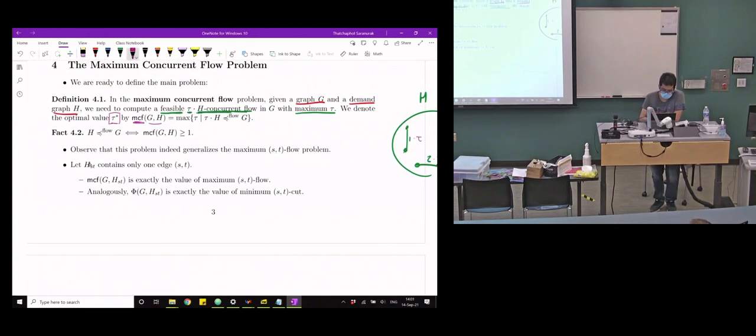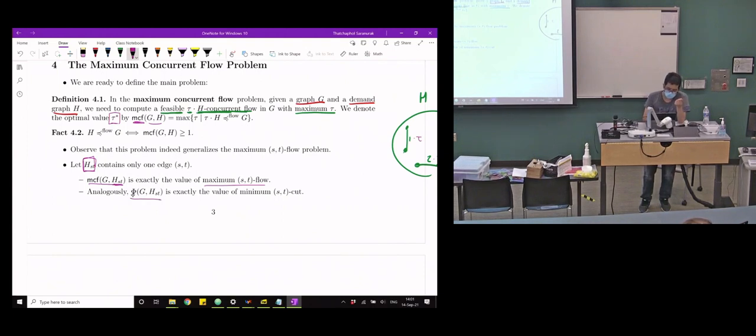You just consider when the demand graph contains just one edge, S and T. Then the maximum concurrent flow to satisfy this demand ST really just asks for the maximum flow value to send from S to T, as long as it is still feasible. That value is exactly the maximum ST flow.